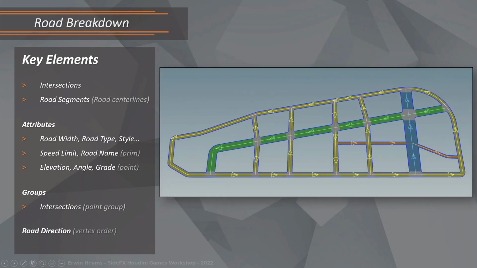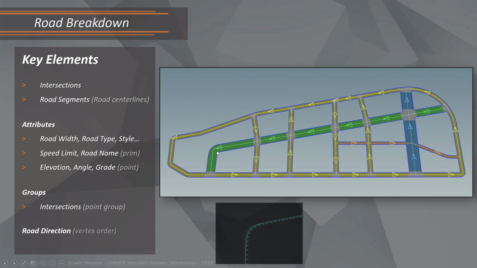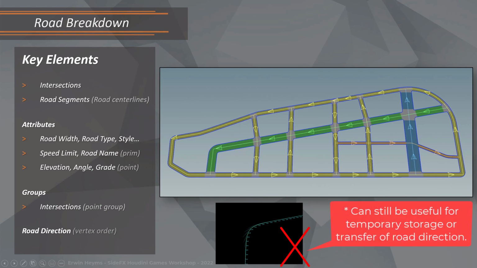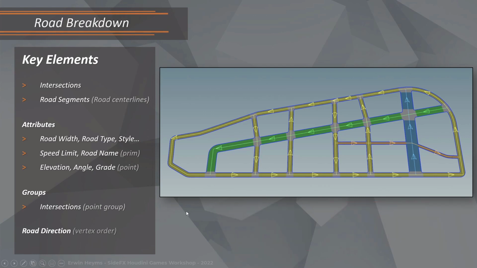And then finally, we have road direction. Now, to store road direction, we could use a point vector attribute on the points of this road that would aim along the road direction, but this will have to be constantly recomputed every time we change the curves, and this risks the curves being corrupted, if you will. So the thing is, polyline primitives already have a direction in their vertex order.